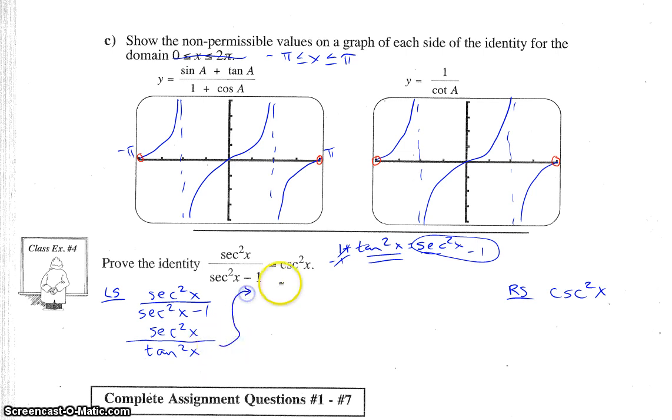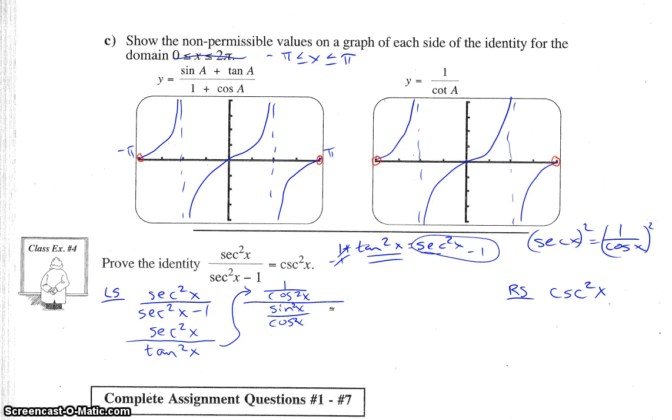I'm just going to bring this up here. So secant squared: secant x is 1 over cos. If it's squared, you just square both sides, and that would become 1 over cos squared x, all over tan squared. Again, same idea, tan is sine over cos, so to make it squared, just put little squares on those.